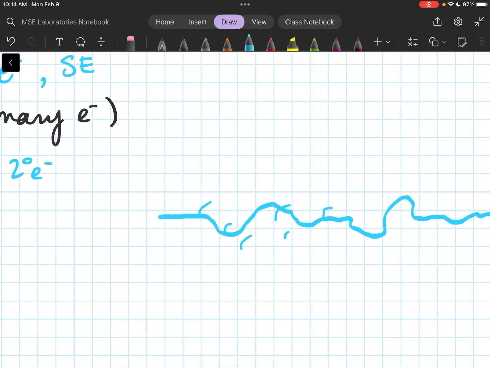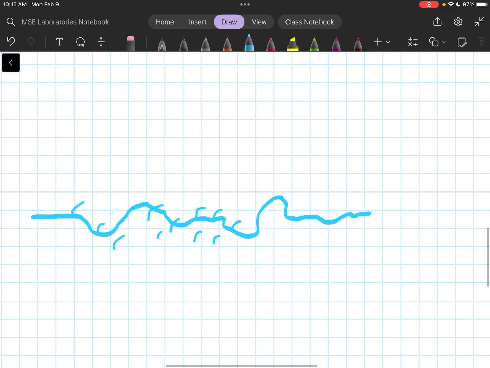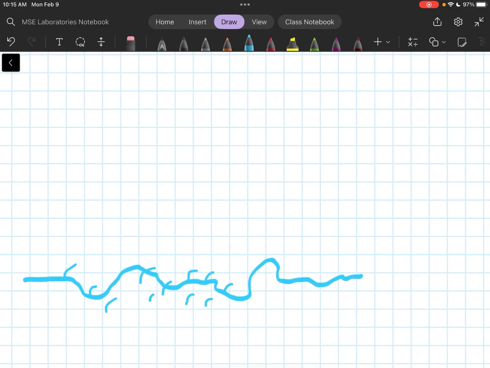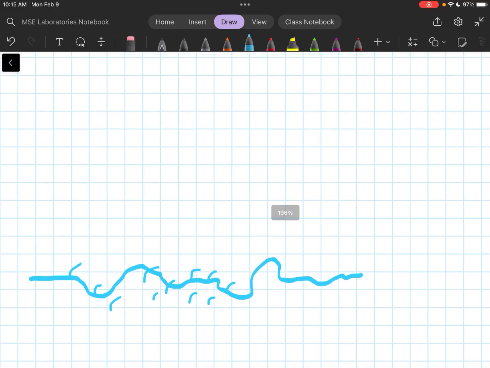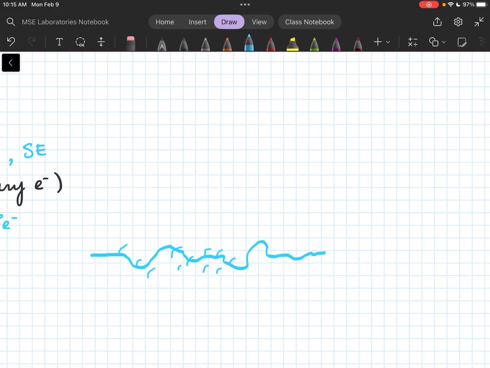Sorry, it kind of looks like worms. I'm right-handed, so they're all going to point to the right. But we're getting all of these secondary electrons created from all over the sample. So what we do is we place a secondary electron detector. A better place to put it would be like here.